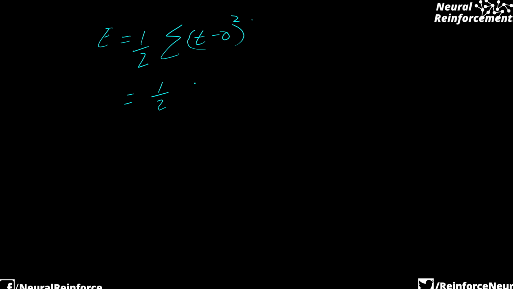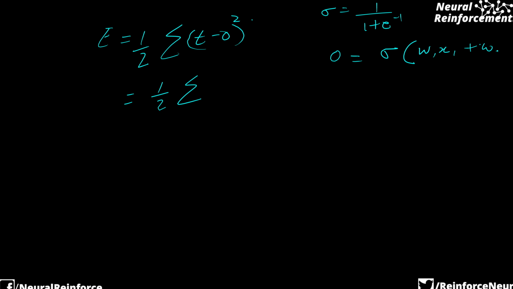So o is equal to sigma, and sigma is the sigmoid, which is 1 upon 1 plus e to the power minus sigma of what was the input coming, which is w1 x1 plus w2 x2.